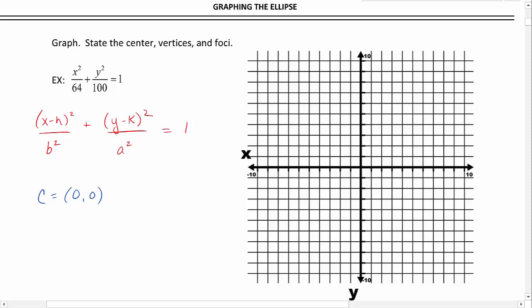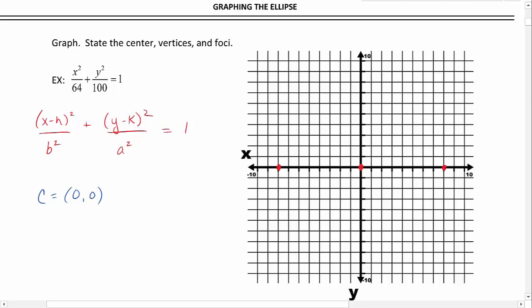So I see that I have 64 under x squared. I'm going to take the square root of it, and then go that many units from my center in the x direction. So the square root of 64 is 8. Here's my center at the origin. I'm going to go 8 in the positive and negative x direction.